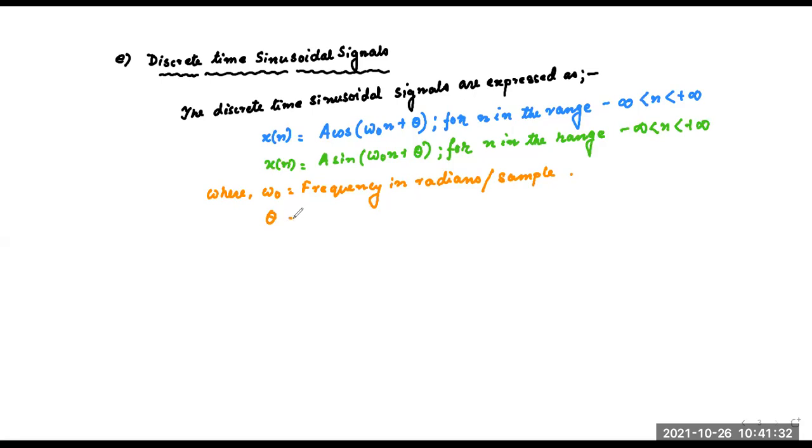Theta equals to phase in radians. F0 is equal to omega 0 by 2 pi, that is equal to frequency in cycles per sample.